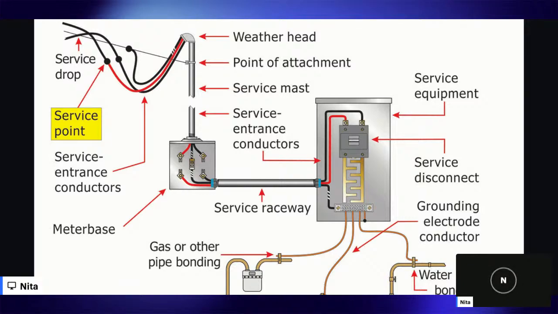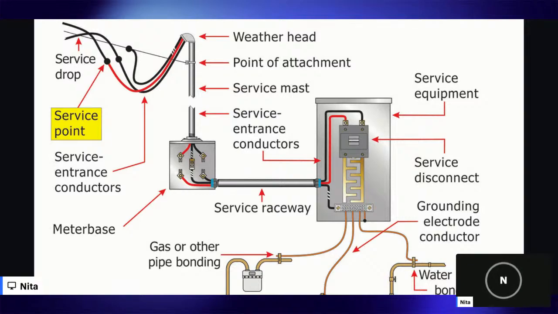Your meter base, that's where you're going to see your meter. The circle is for older homes; you can also see it square or rectangular. That's actually how the electric company charges you for your electricity.